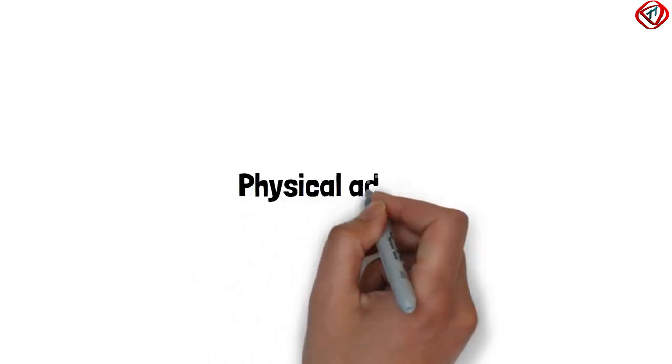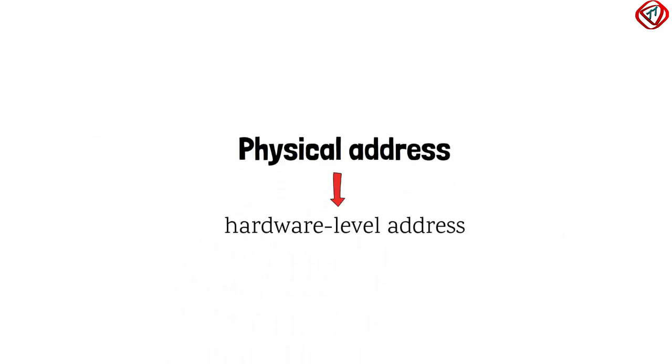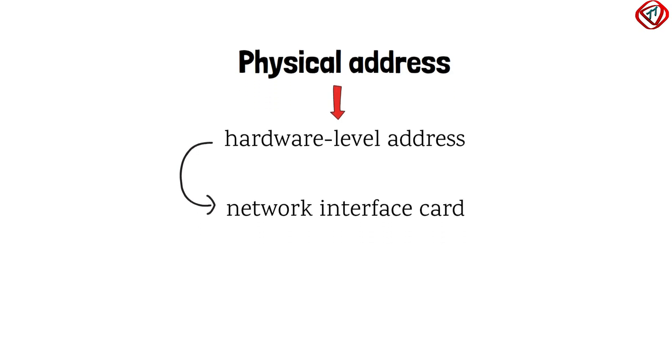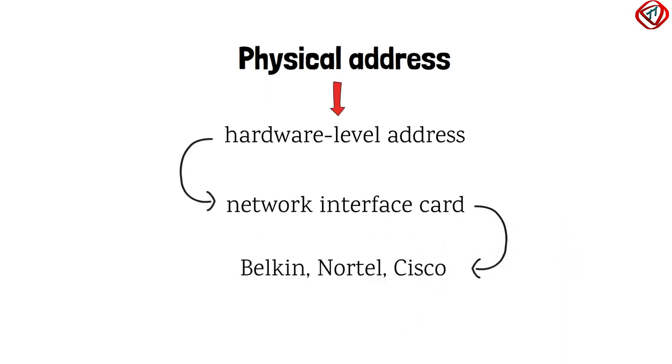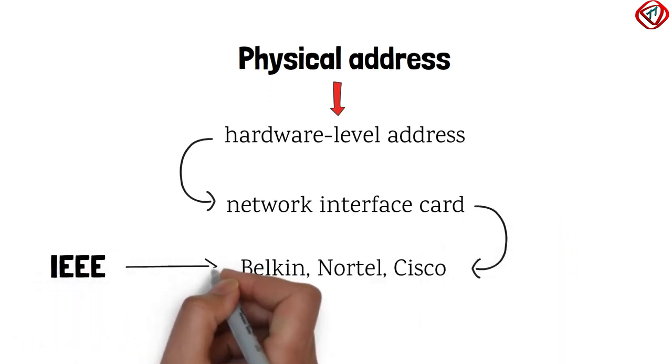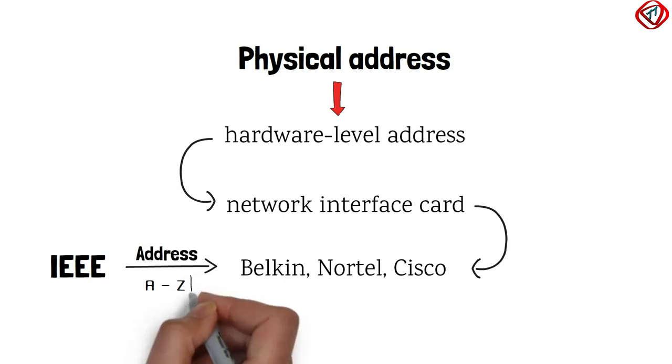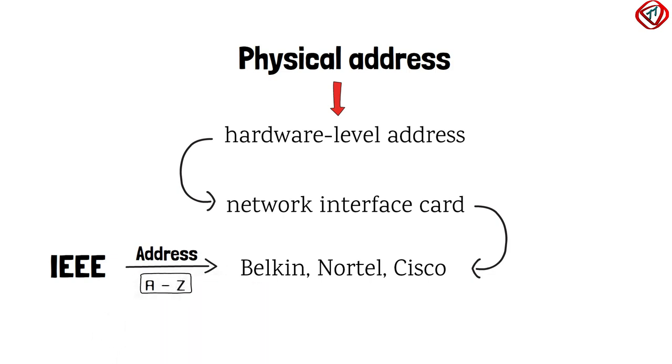The physical address is the permanent hardware level address embedded in the network interface card of a device by its manufacturer. IEEE gives a block of addresses to the manufacturer. The manufacturer of a NIC takes an address from the address pool and embeds a unique physical address in each NIC it manufactures.